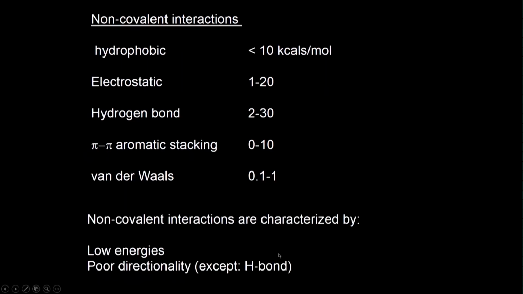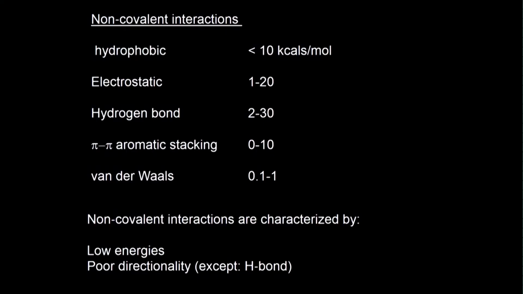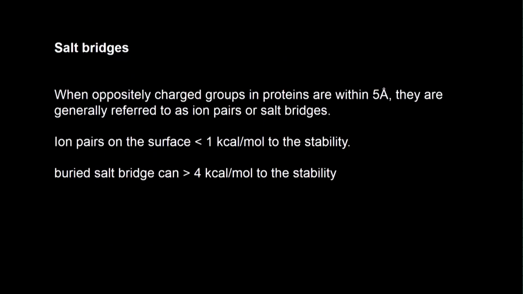Of course, the hydrogen bond has some directionality because you need generally an O or an N forming a bond with the H of OH or the H of NH. So it has a directionality attached to it, whereas other interactions like electrostatic or aromatic stacking do not have much directionality.